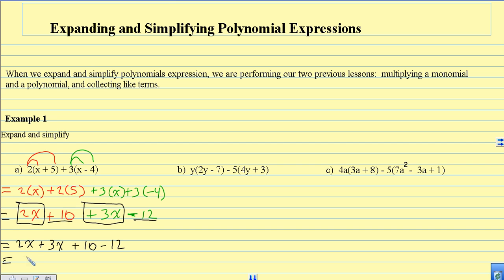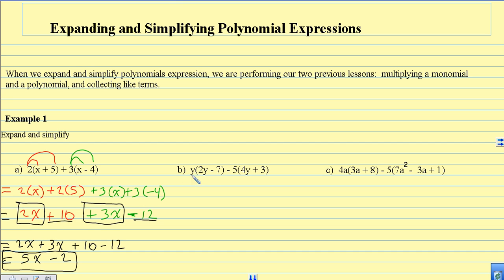This all becomes 2x plus 3x is 5x, and plus 10 minus 12 is minus 2. Alright, so that's our final answer there.